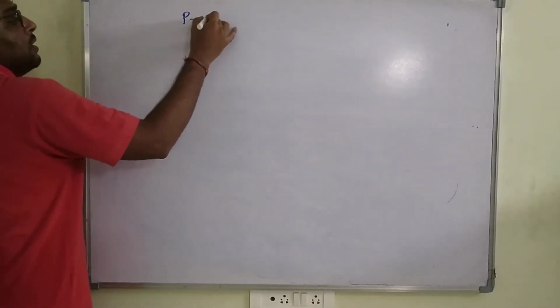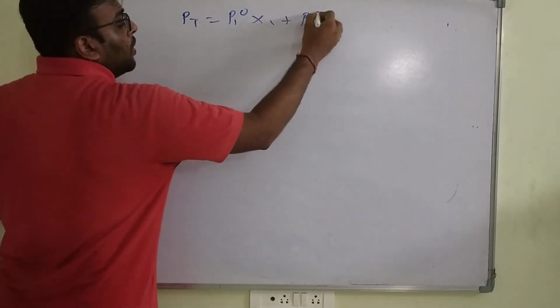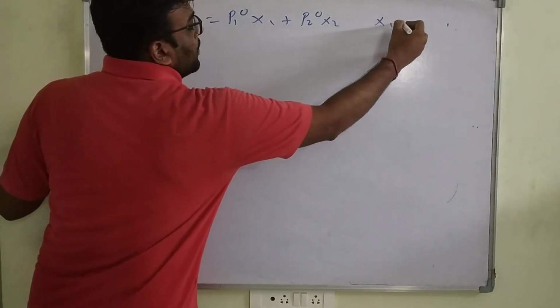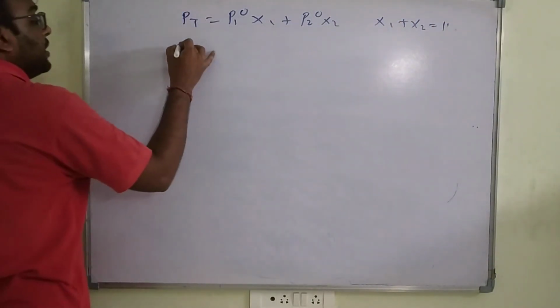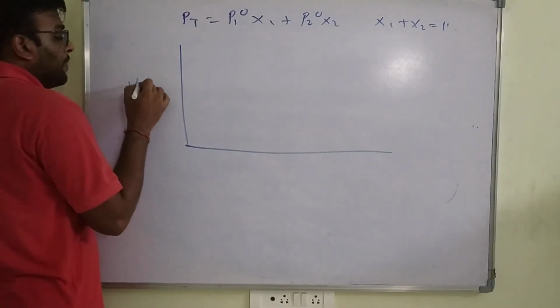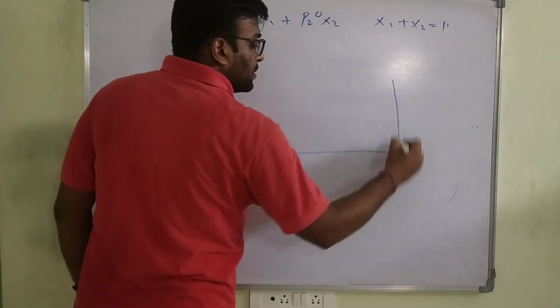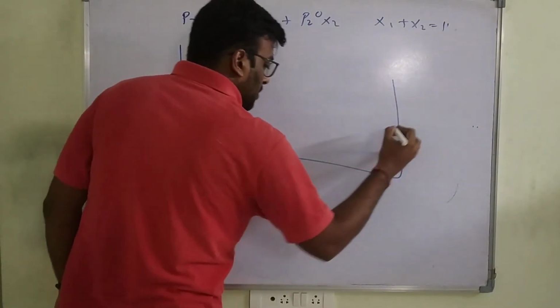P total is equal to P1 naught x1 plus P2 naught x2, and as we know, x1 plus x2 is equal to 1. Look over here. Suppose I am making the graph between vapor pressure and mole fraction. Here is the vapor pressure of P1 naught, P2 naught. Let me make a straight line.